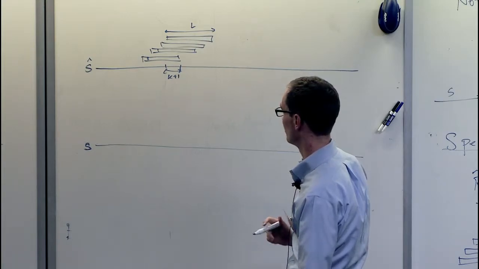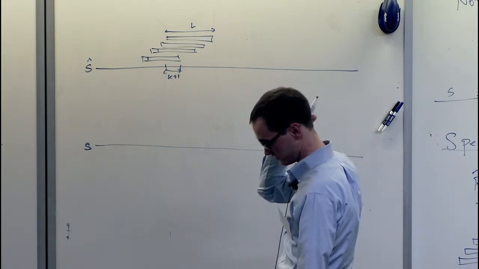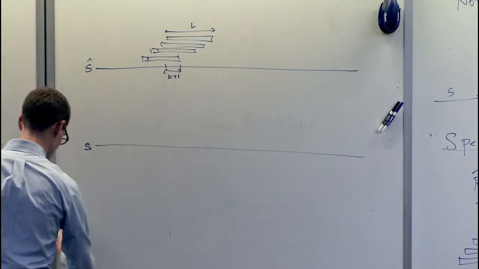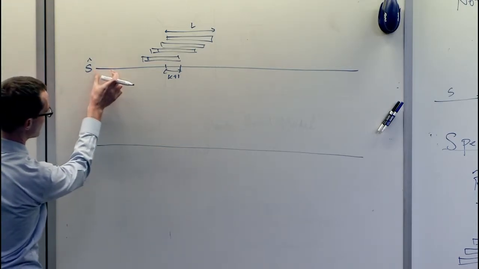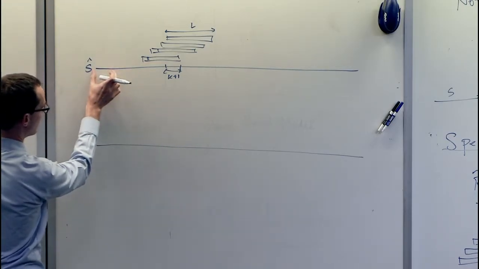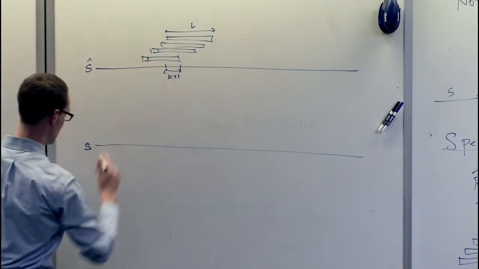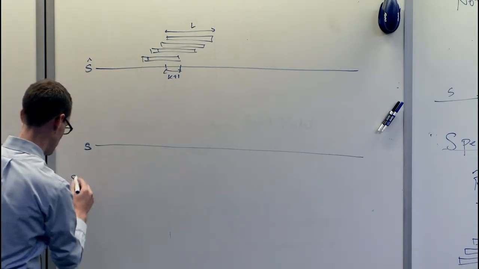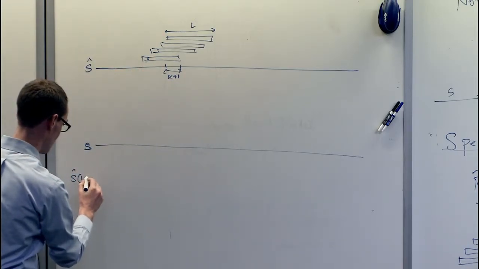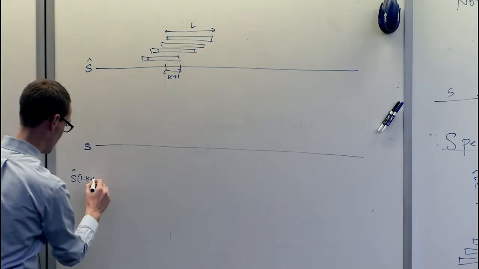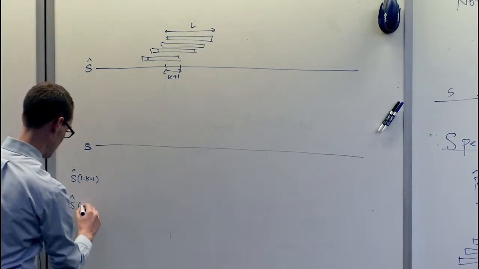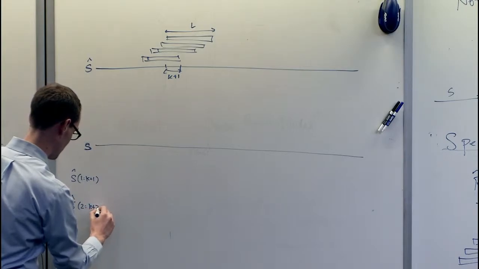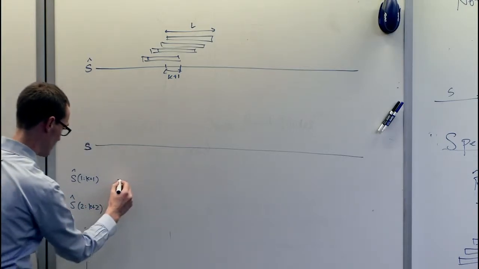And so what this corresponds to is listing all the substrings of length k plus 1 in S hat: S hat 1 up to k plus 1, S hat 2 up to k plus 2, so on and so forth.